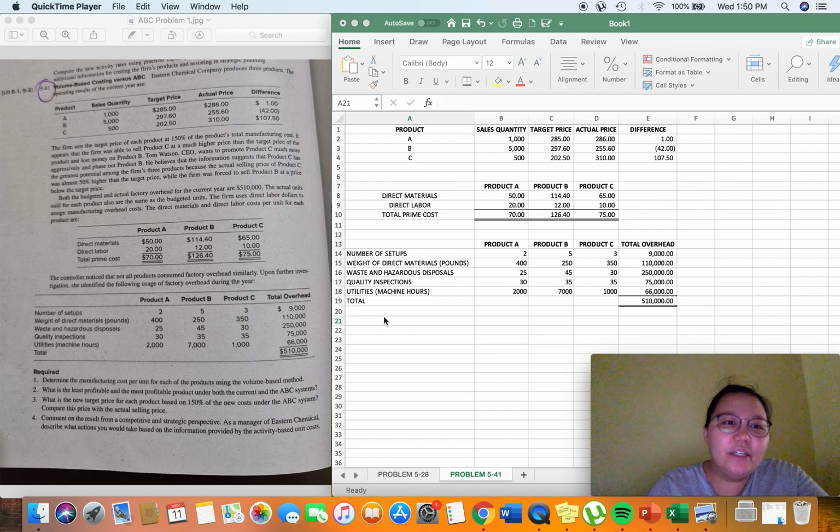The firm sets the target price of each product at 150% of the product's total manufacturing cost.